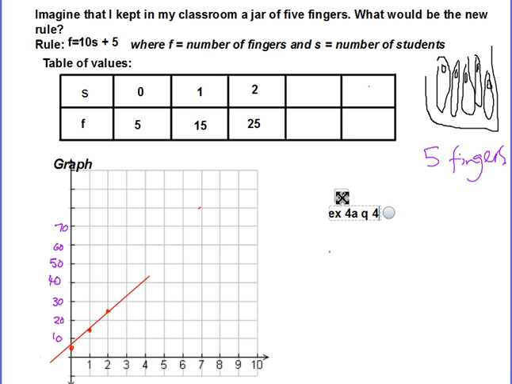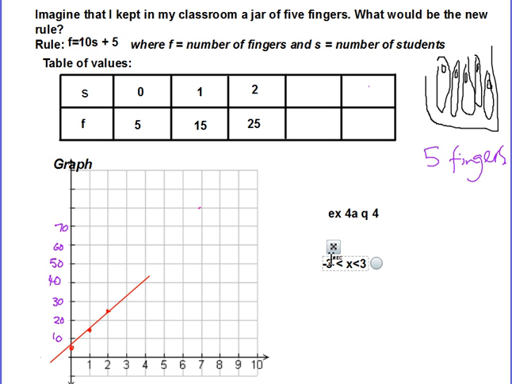Now they use an expression that you may not be familiar with. I'll just see if I can type it up for you and explain it. They use an expression that looks like this. Negative 3 is less than x, which is less than 3.